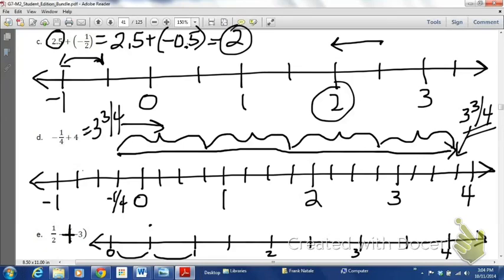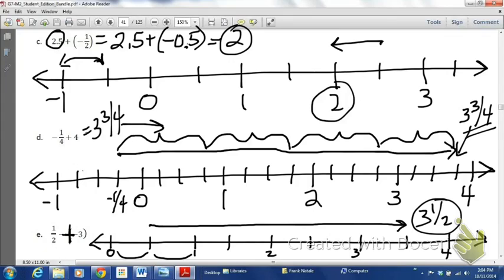Kind of fun to think about that. So we're going to add 3, and we end up at 1, 2, 3, right there, at 3 and 1/2. That equals 3 and 1/2.